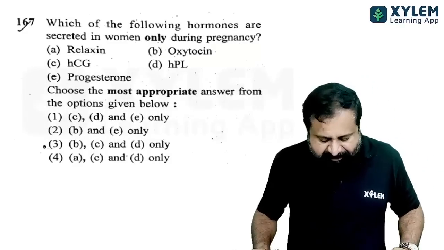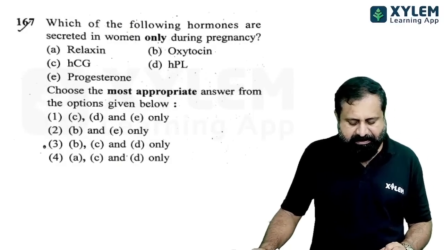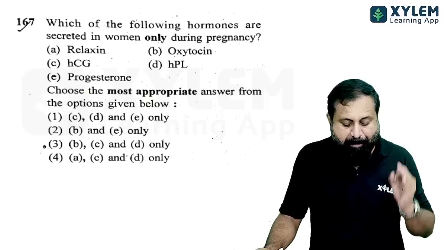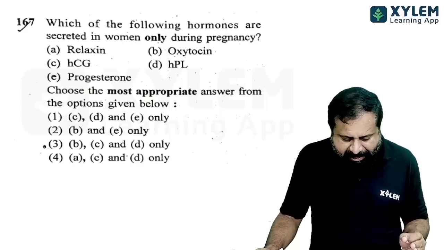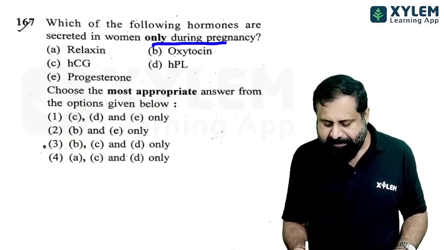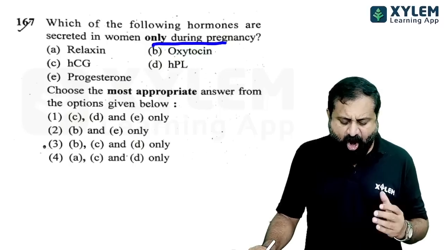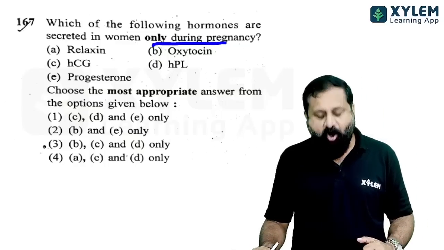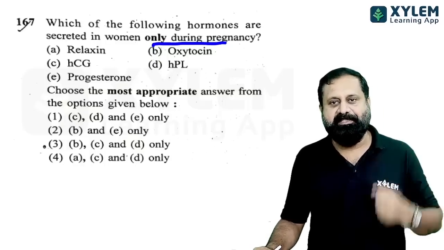167. Which of the following hormones are secreted in women only during pregnancy? Only during pregnancy, carefully read it. Relaxin, oxytocin, HCG, HPL, progesterone. Oxytocin is produced at all times.